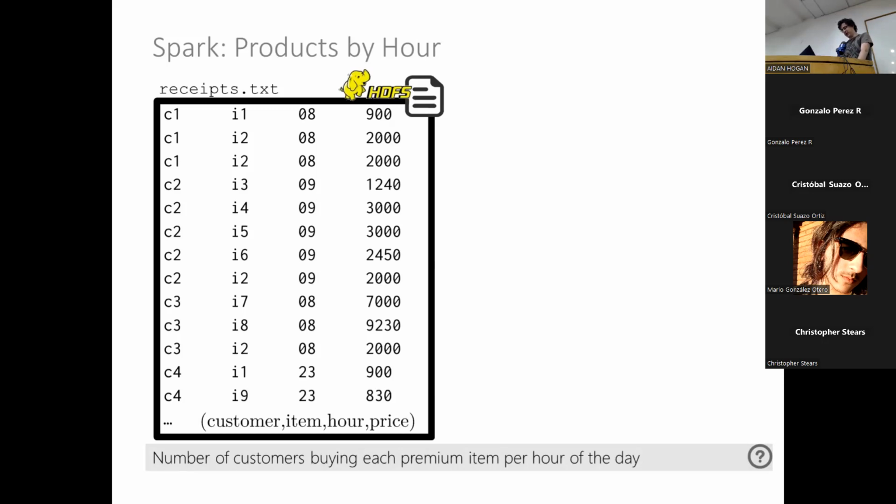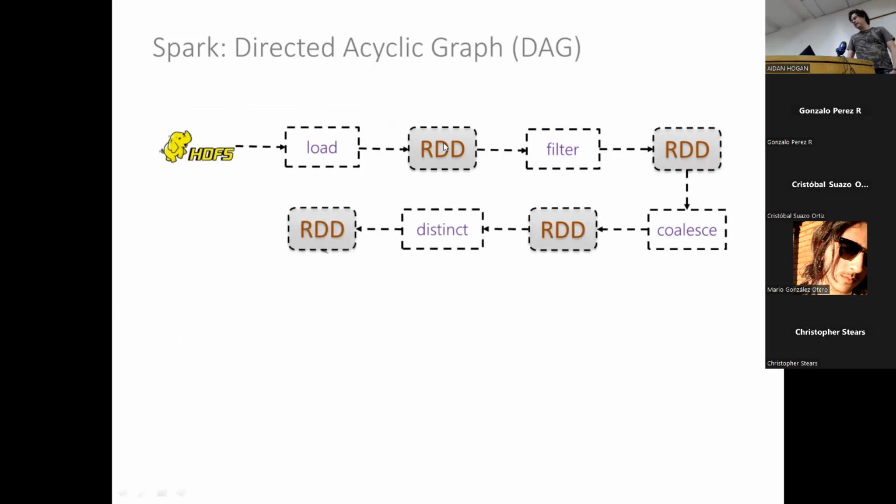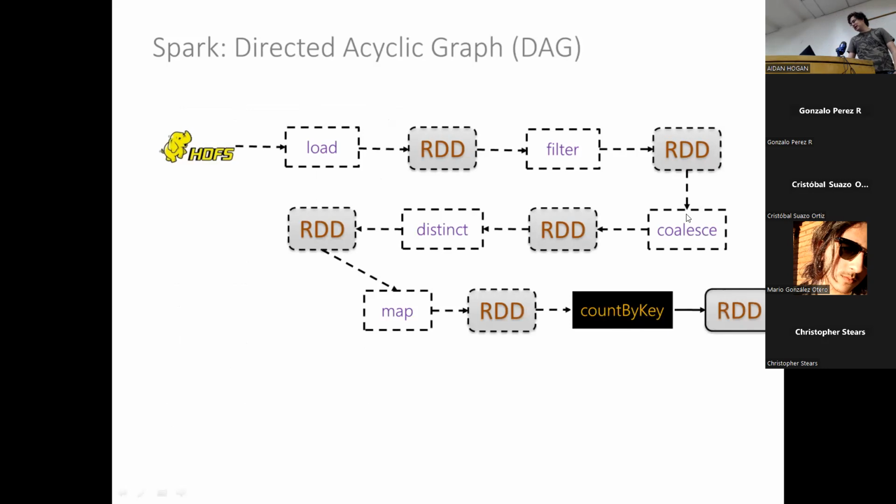So if we return to our example that we've seen before, the number of customers buying each premium item per hour of the day, we could represent this in Spark as a directed acyclical graph, where we're going to start by applying a load transformation to load an RDD. Then we're going to filter that RDD to produce another RDD. Then we're going to coalesce that RDD to produce another RDD.